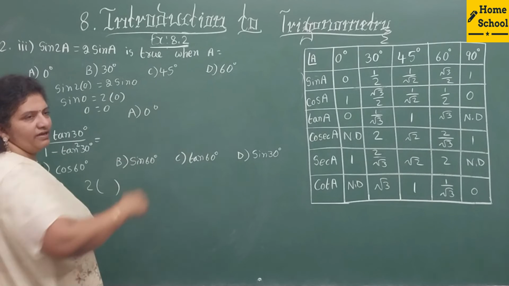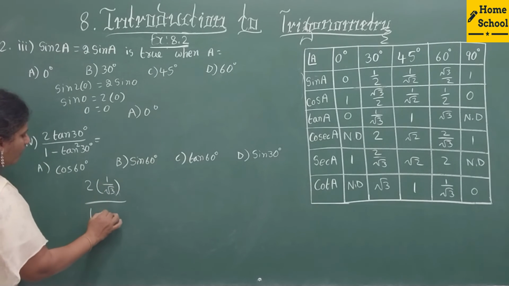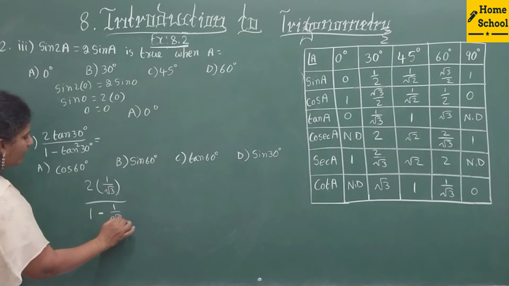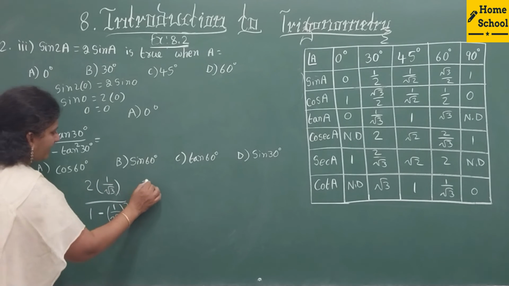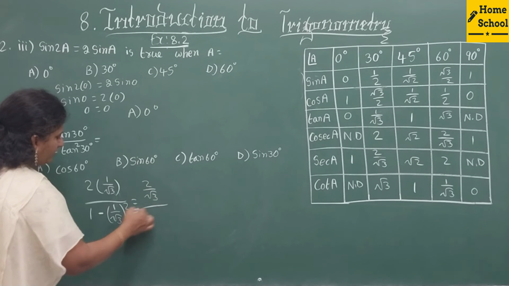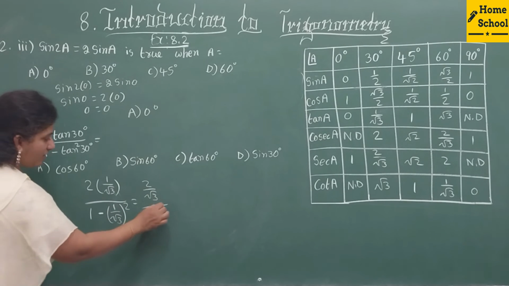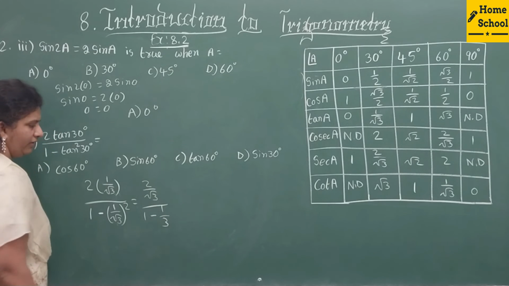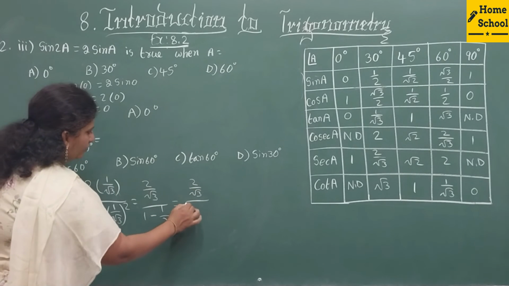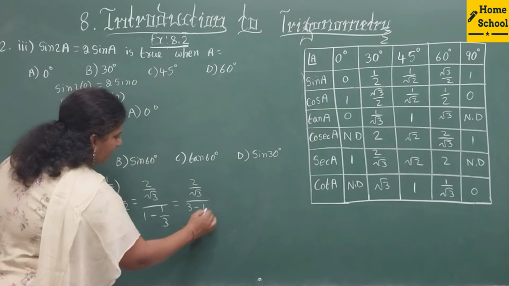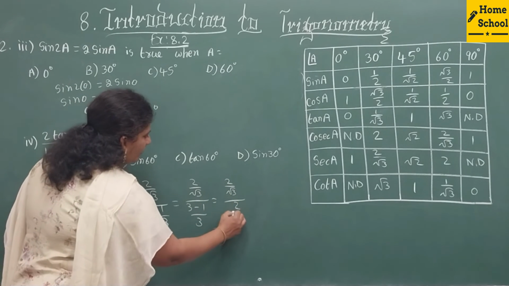What is tan 30 value? 1 by root 3 by 1 minus tan 30, 1 by root 3 whole square, equal to 2 into 1 by root 3 can be written as 2 by root 3 by 1 minus 1 by root 3 whole square is 1 ones are 1, root 3 into root 3, 3. That is 2 by root 3 by, do LCM, 3 minus 1 by 3, that is 2 by root 3 by 2 by 3.